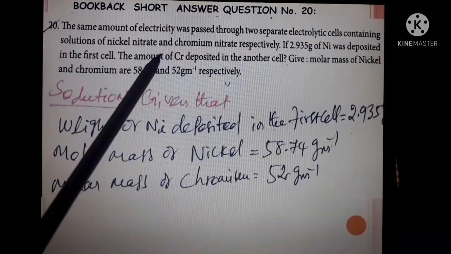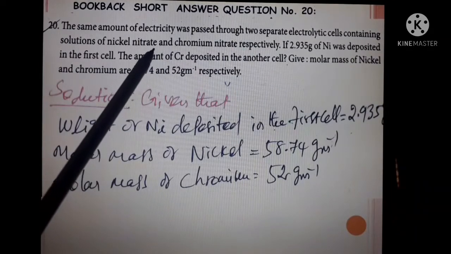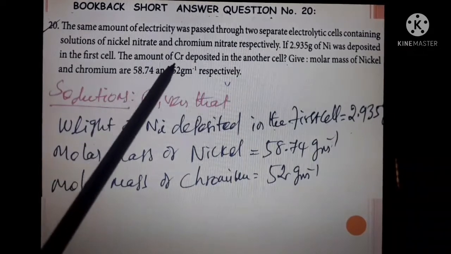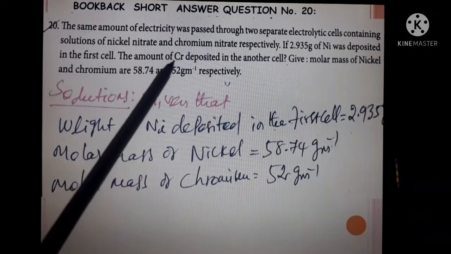The same current is passed through both cells. So how many grams of chromium are deposited?